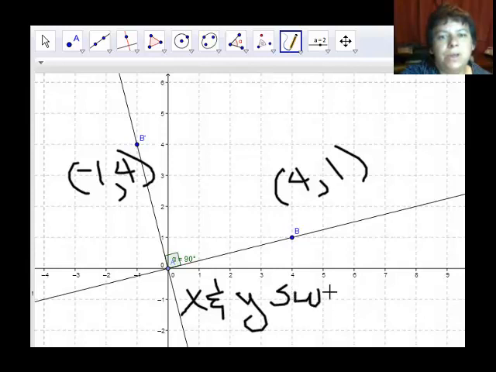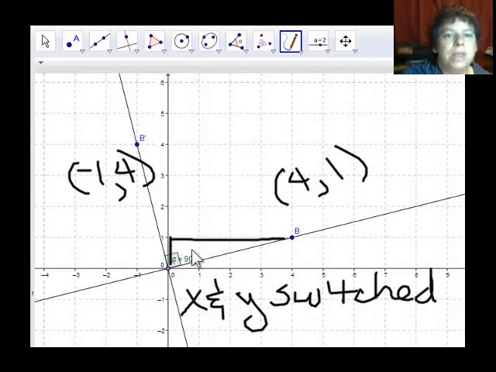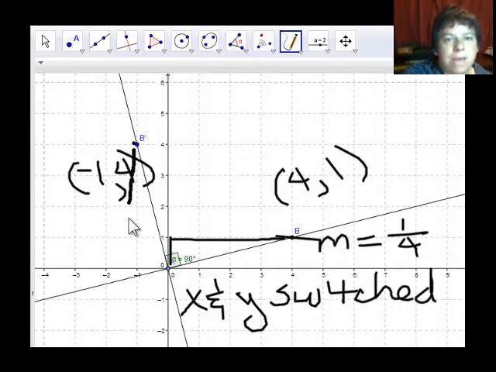And if you look at the slopes, let's take a look at that. Here we have the rise and run for this one. The rise is 1 and the run is 4. So m equals 1/4, and it's positive. For this one, the rise is negative. It's dropping down 4 and it goes over 1.